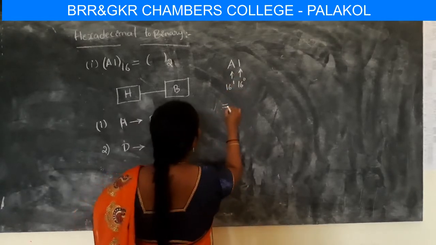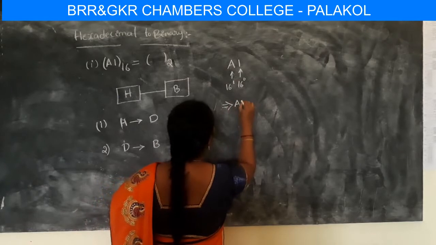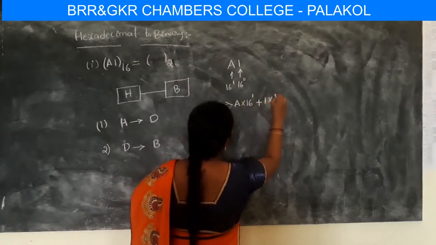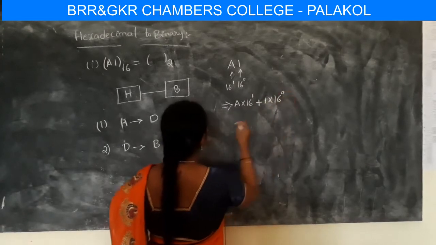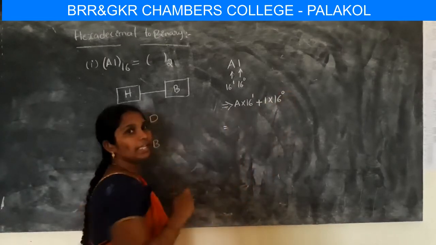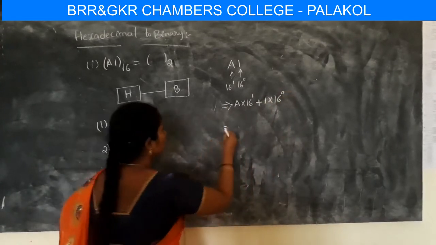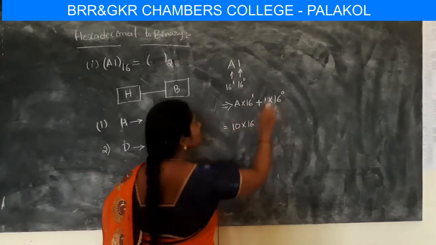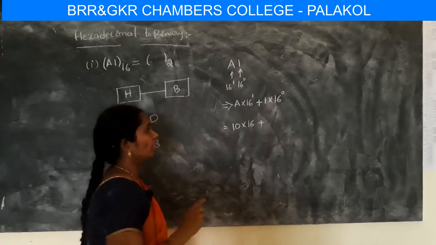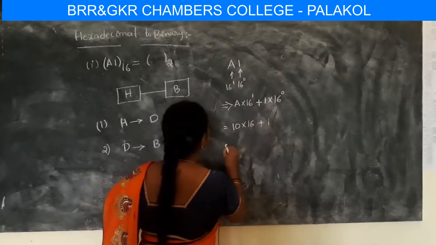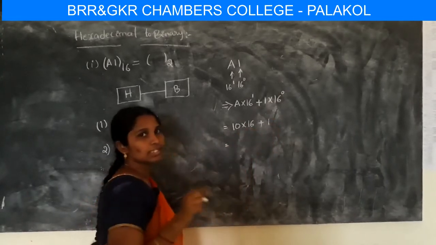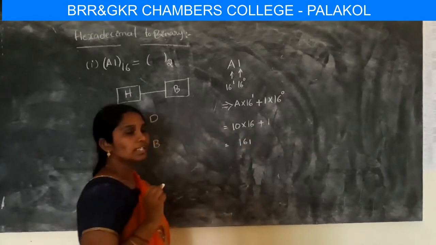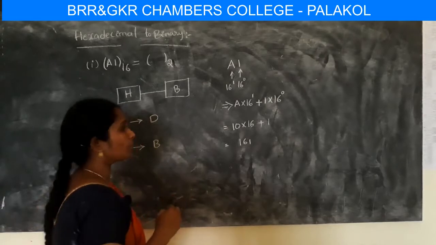So that is A into 16 power 1 plus 1 into 16 power 0. A is nothing but 10, so 10 into 16 plus 1 into 16 power 0, which is 1. So 10 into 16 is 160 plus 1, that is 161.